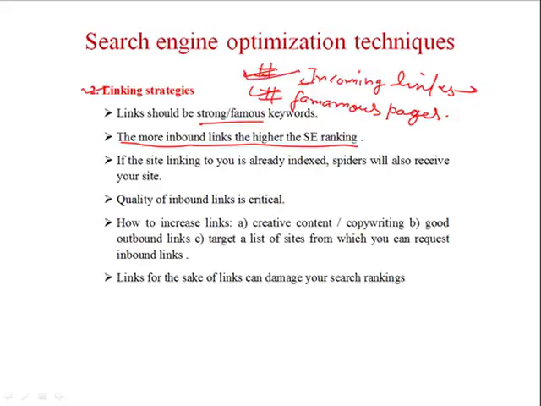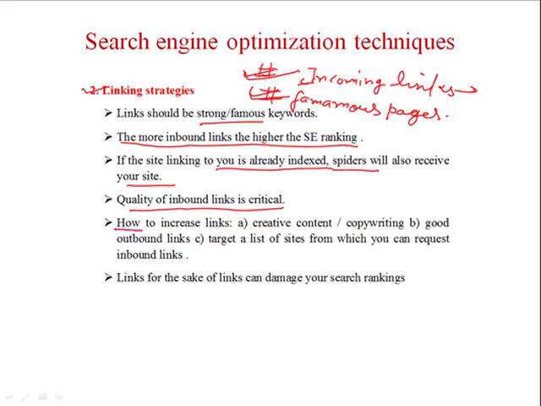Already discussed. If the site linking to you is already indexed, the spider will also reach your site. Quality of inbound links is critical. Means if your pages are linked by famous pages, then it will help you to improve the ranking of your pages.